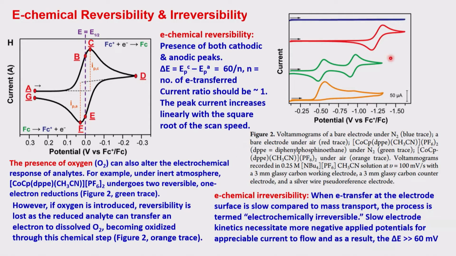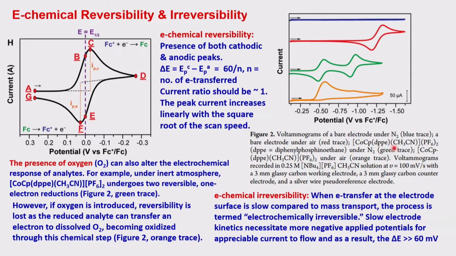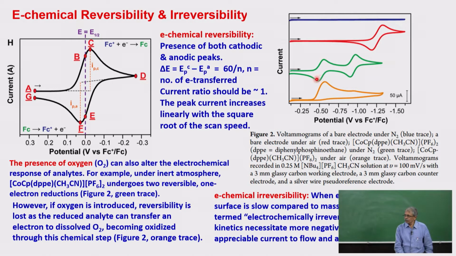Let us look at an example shown here for a cobalt CP DPPA complex. It is not very essential for you to know all those ligands. Essentially it is a cobalt based complex, and what we wanted to look at is that this gives the redox waves here.